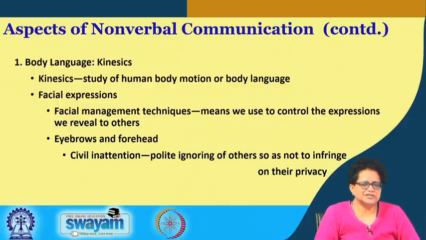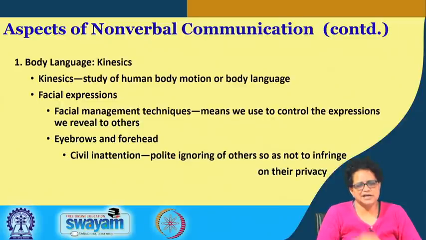Civil inattention is advisable because of what is called staring. A stare is a gaze or an eye contact for a protracted period of time, and it is considered bad behavior, it is considered ill behavior. Therefore, sometimes we need to practice civil inattention, which has been defined as the polite ignoring of others so as not to infringe on their personal space or personal privacy.